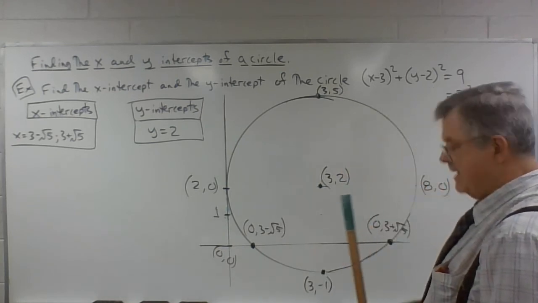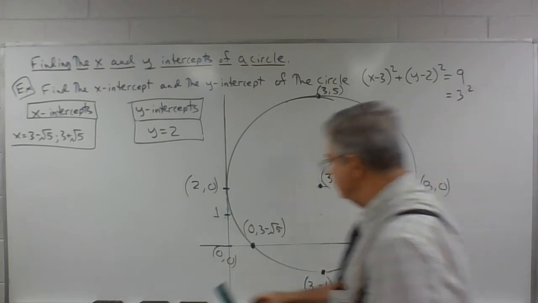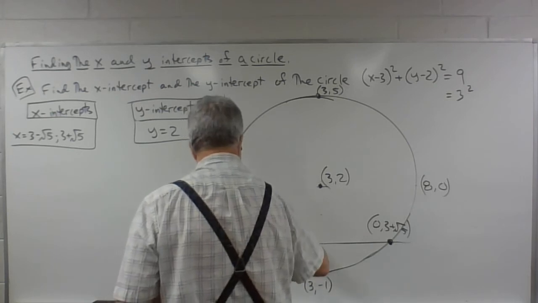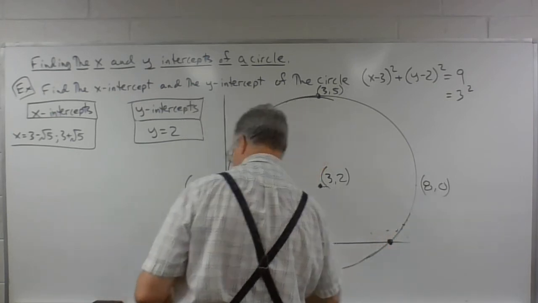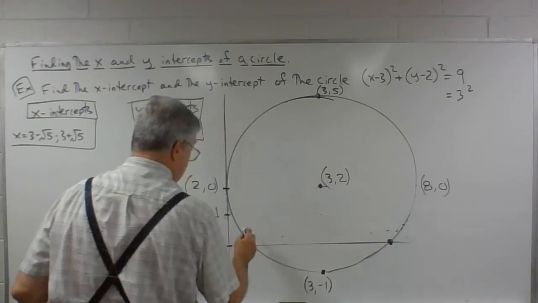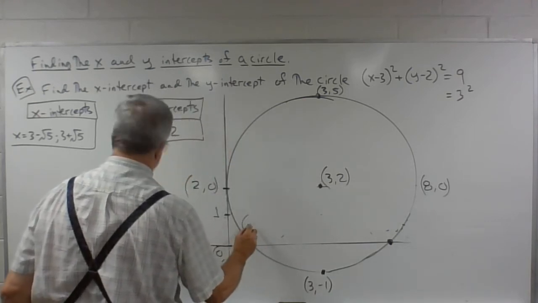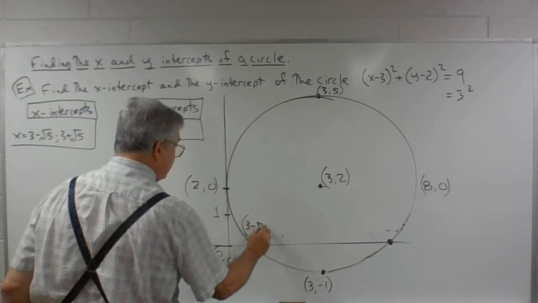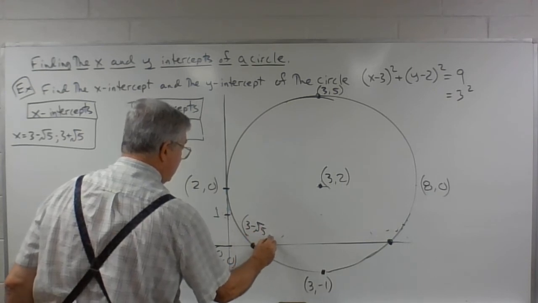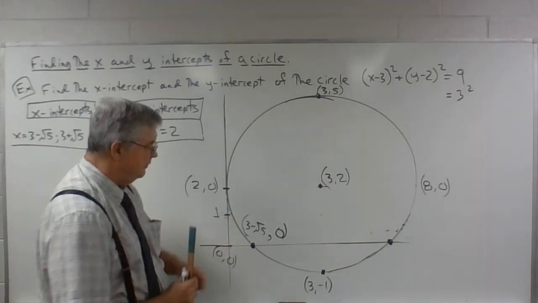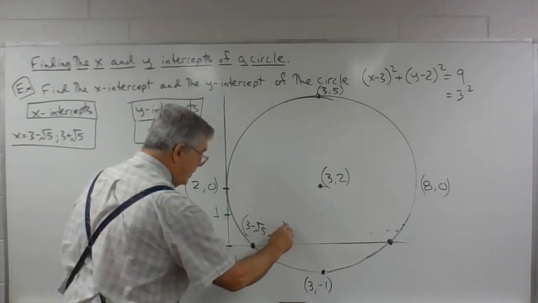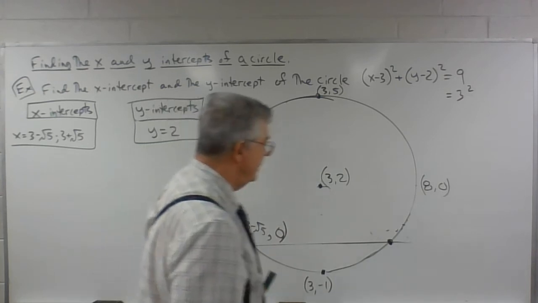Oh, I wrote those backwards, didn't I? Son of a gun. I apologize. Here's one x-intercept, x equals 3 minus square root of 5, and y equals 0. We're on the x-axis, so yes, y equals 0.